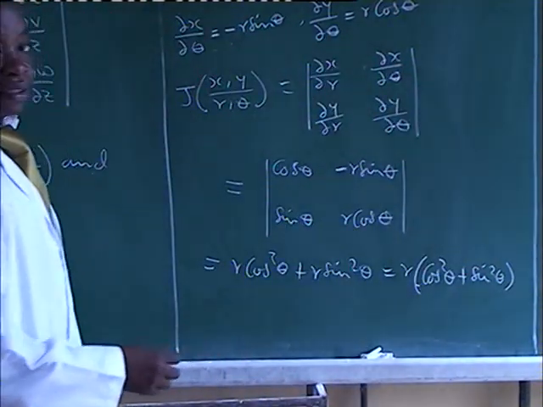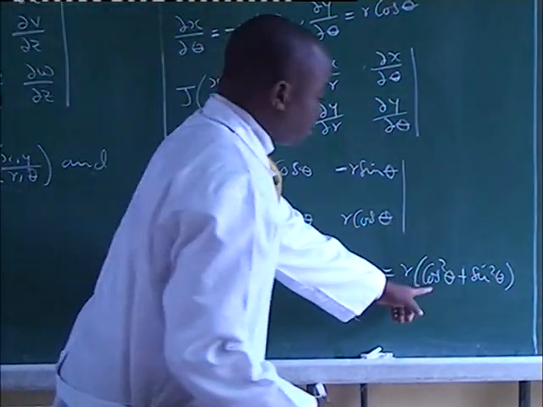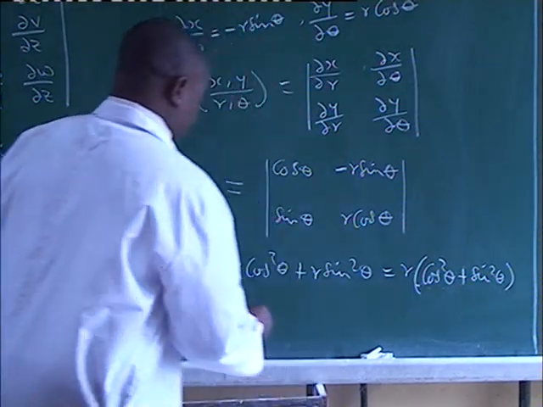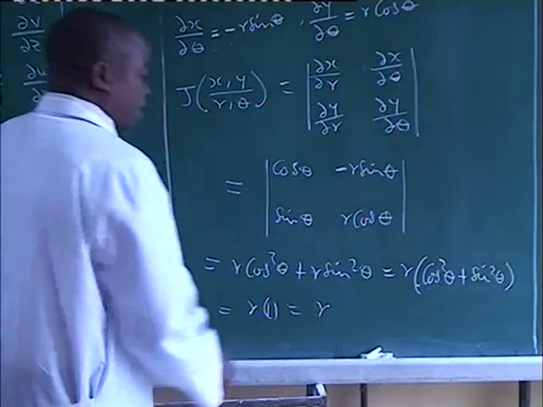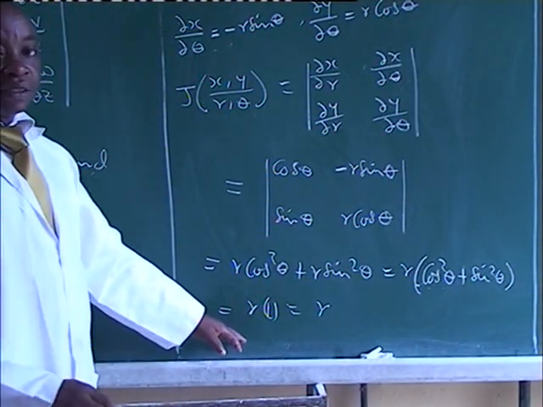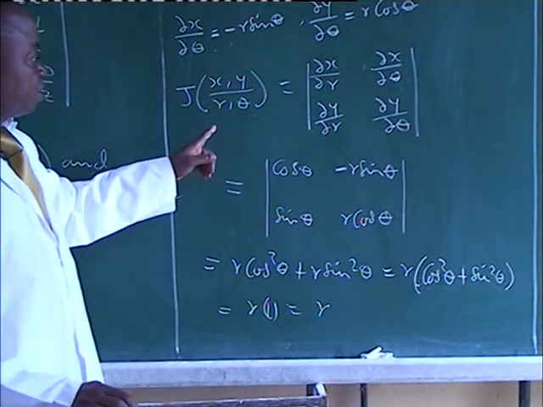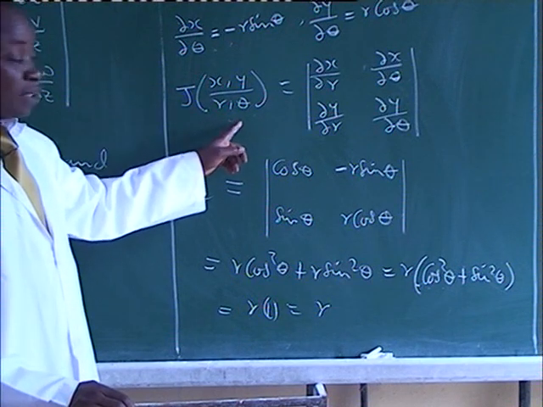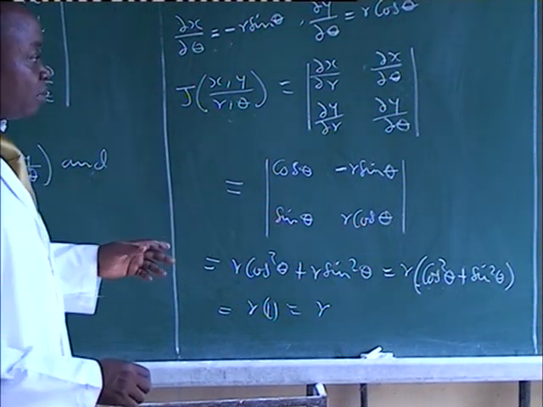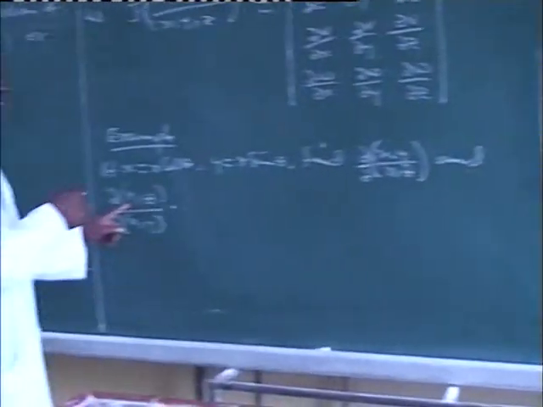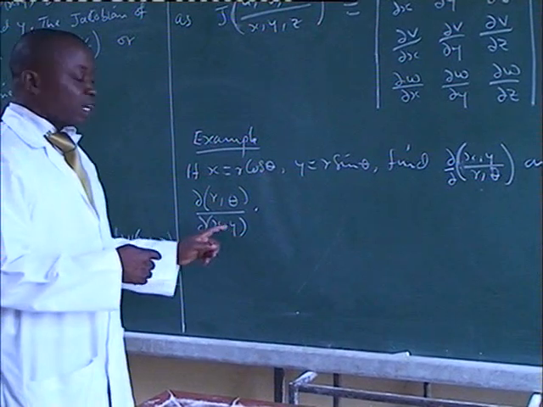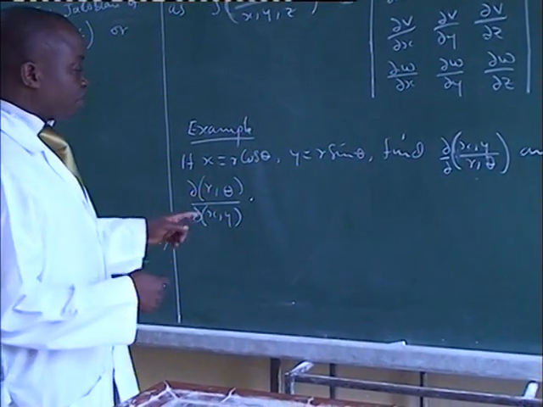Now we know that cos square theta plus sin square theta is 1. So this is equal to r times 1, which is r. So that is the Jacobian of x, y with respect to r, theta. Now we want to look at another one, which is the Jacobian of r, theta with respect to x, y. That is what we want to look at now.